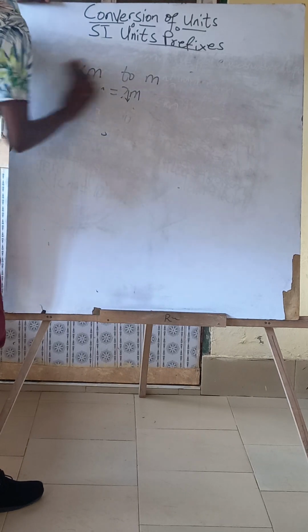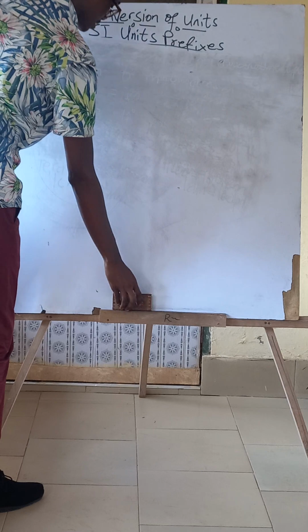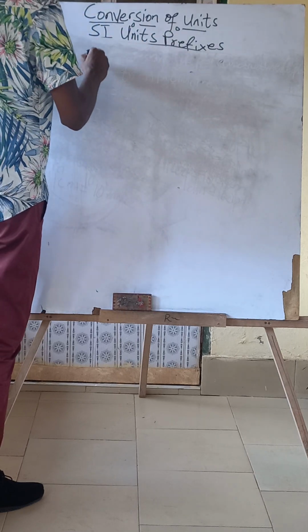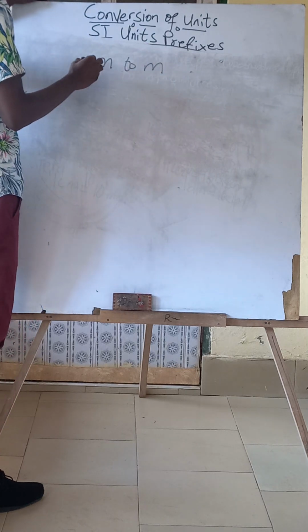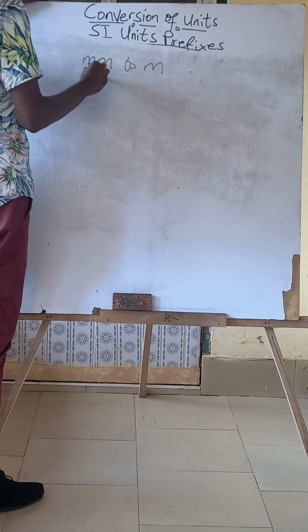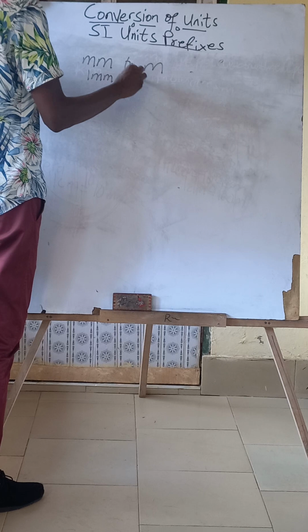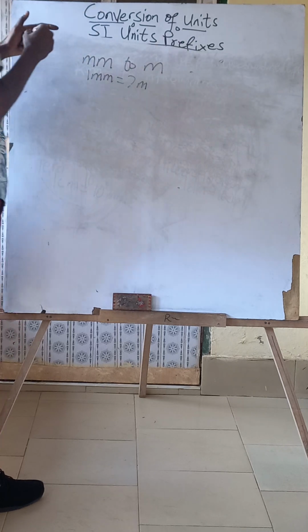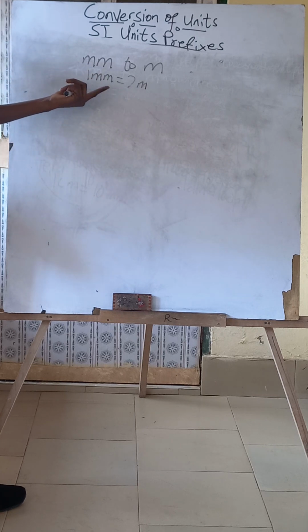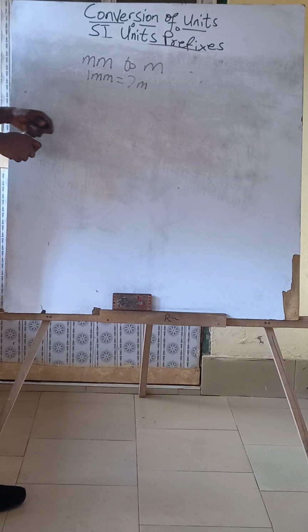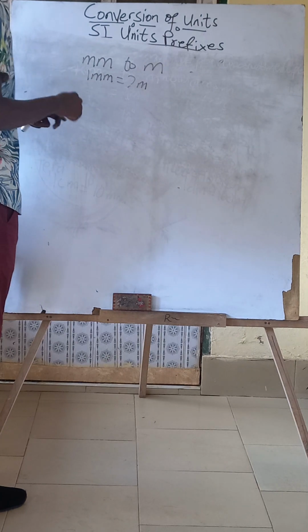So that is that. When you are converting from, let's say, millimeter to meters, to know that 1 millimeter is equivalent to how many meters, you are considering meter as a multiple, and millimeter, you already know that it is a submultiple. So conversion from a submultiple to a multiple, you already know how it is done.